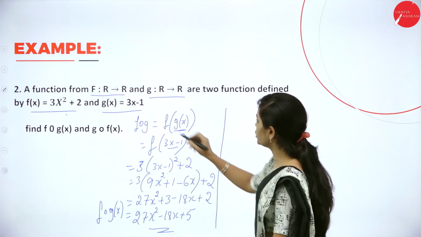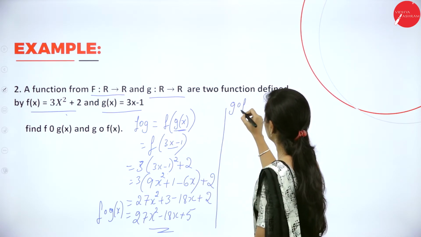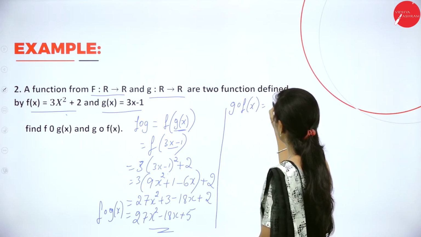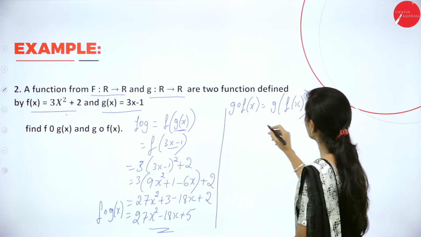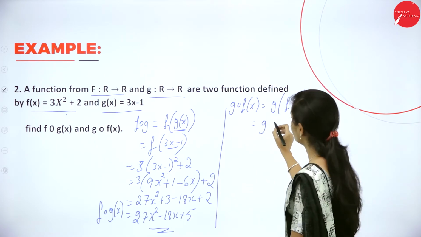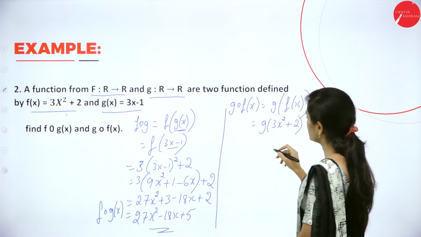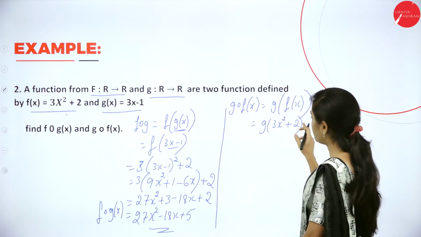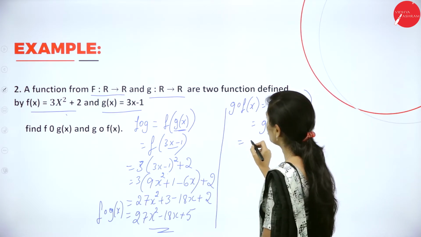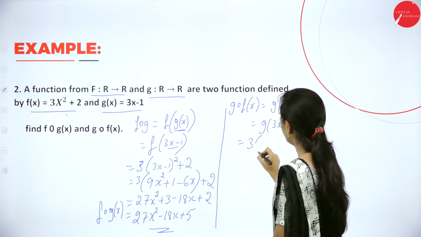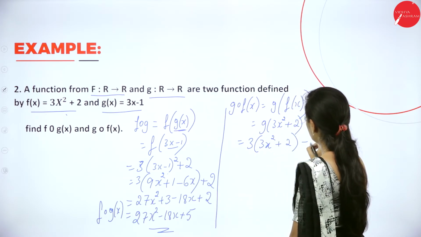And again you need to find g of f. Gof is equal to g of f of x. What is f of x? f of x is 3x square plus 2. So this is in the form of g of x. Replace x by 3x square plus 2. So g of x means 3 into (3x square plus 2) minus 1.